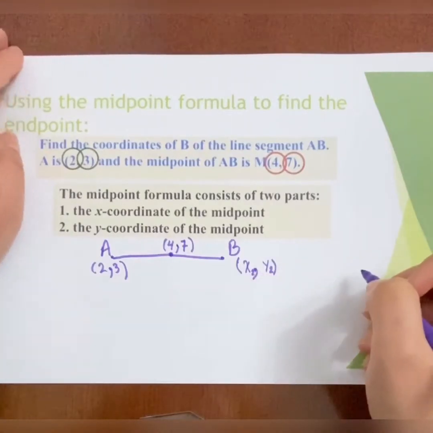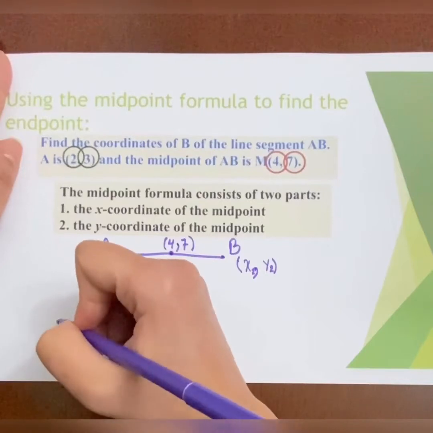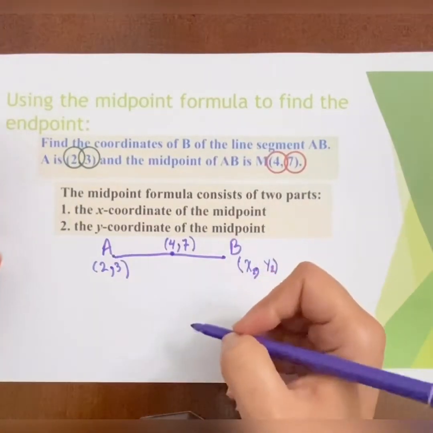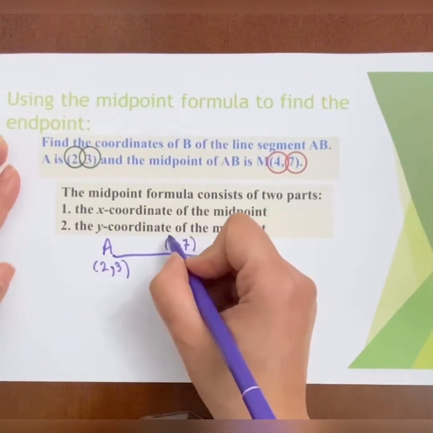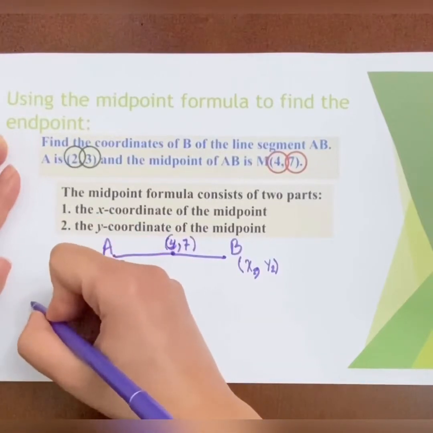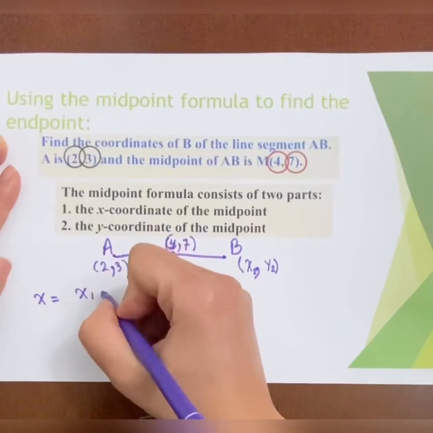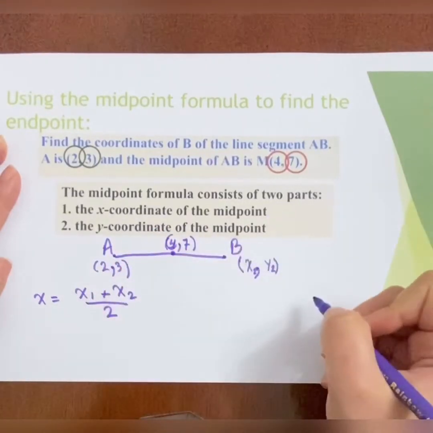y2. So, we used to say, in order to find the midpoint, we have to add x1 with x2, y1 with y2. So, in order to find here, this one, this is the x, right? So, x equals x1 plus x2 over 2.